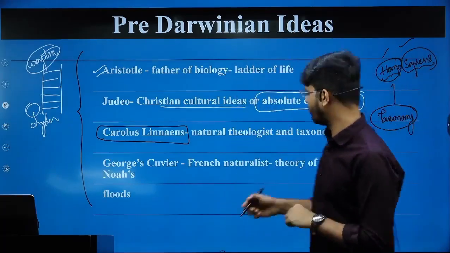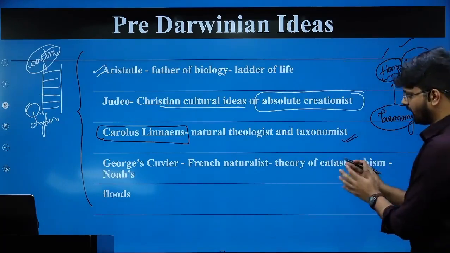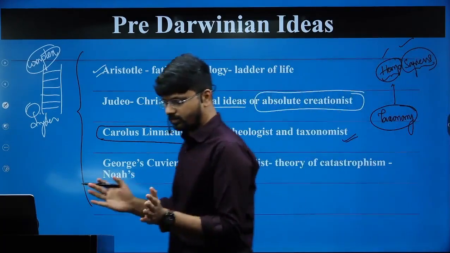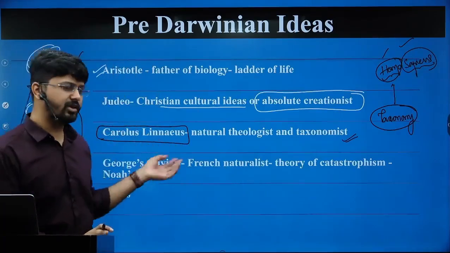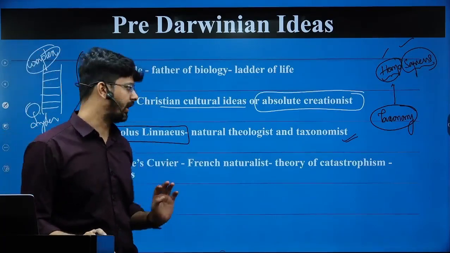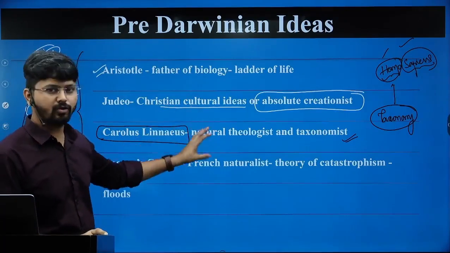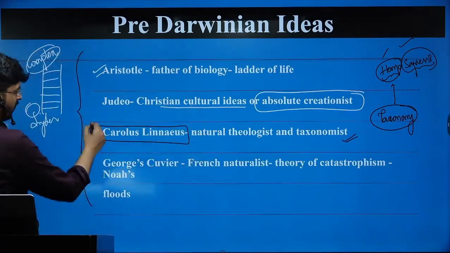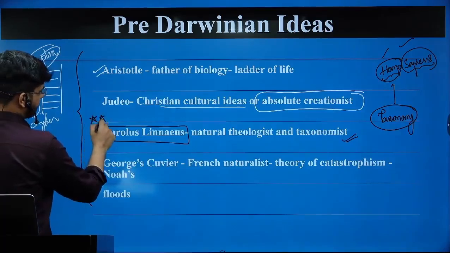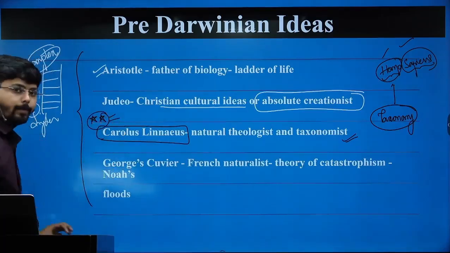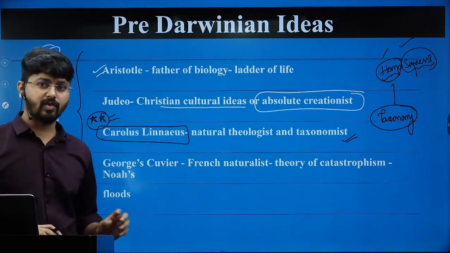But you need to understand, he said that this classification is because of God. Even he was saying that it is because of God. But what's very important is that Carl Linnaeus has given the taxonomical classification which is valid even today.